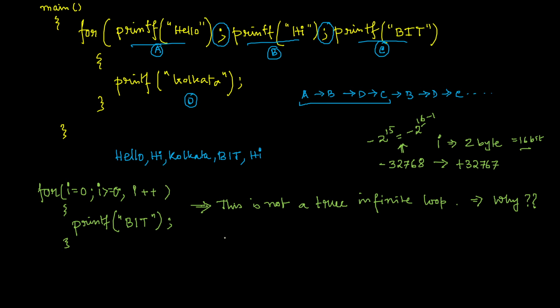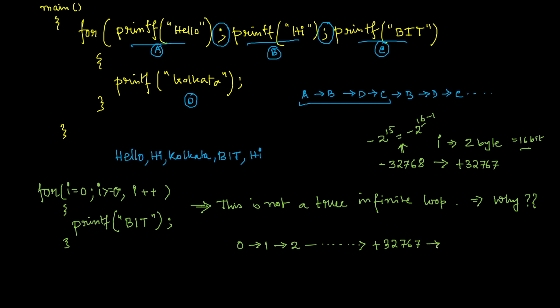So that means, let's come to the point: i was 0, the next value of i will be 1, the next value will be 2. In this way a time will come when the value of i will be 32,767. And what is the next value of this?